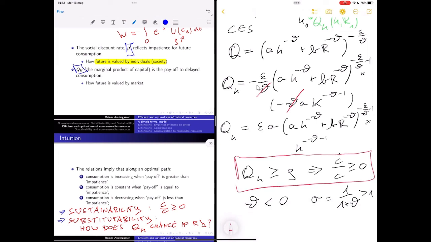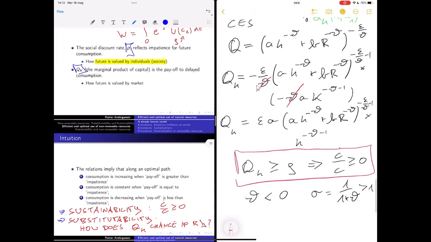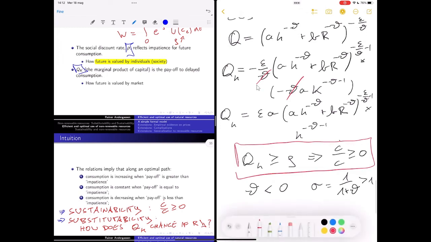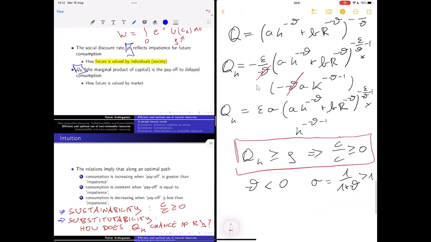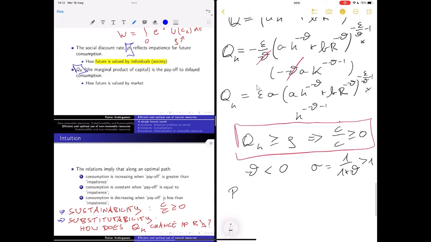You see here, if theta is negative, then what can happen is that R, remember, which is my extraction path, can go down to 0, can become smaller and smaller over time.